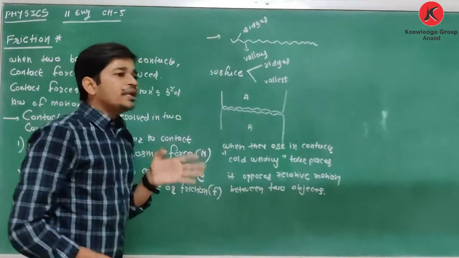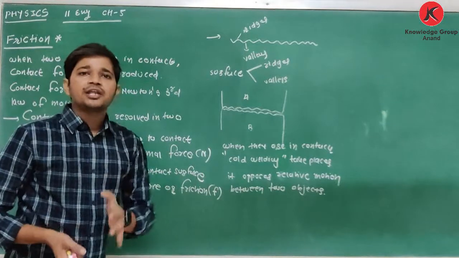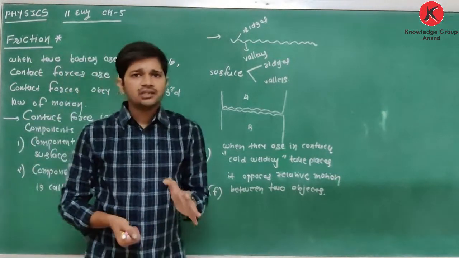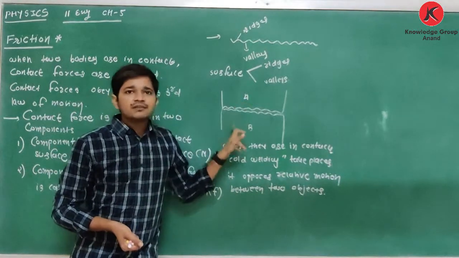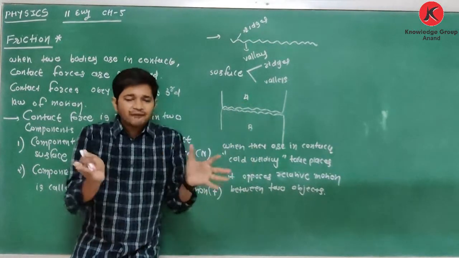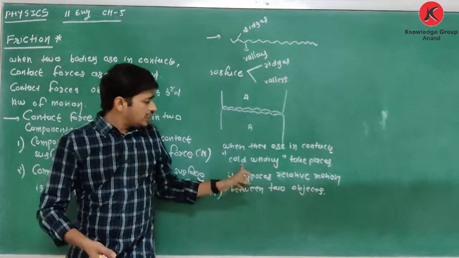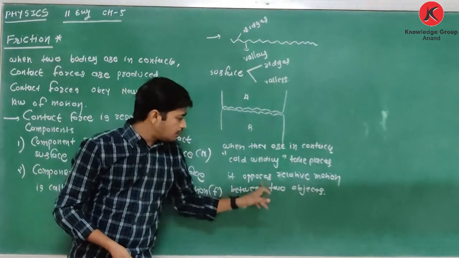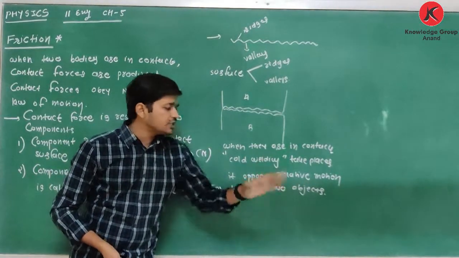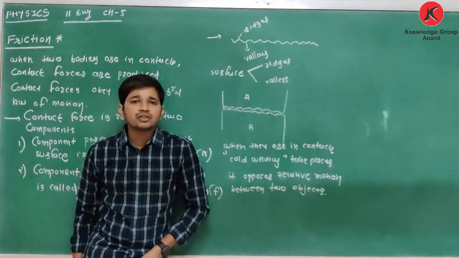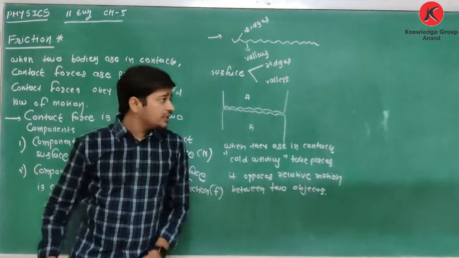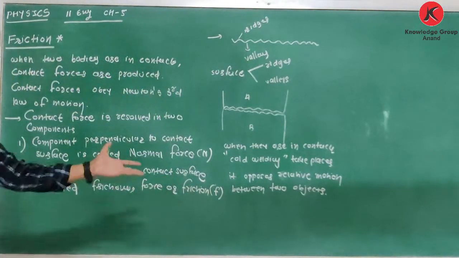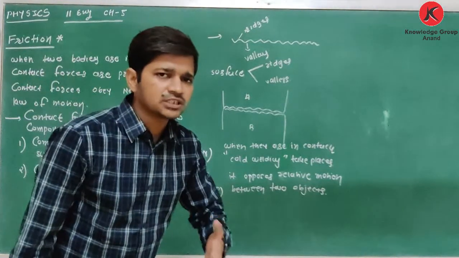So whenever two objects come in contact with each other, the ridges and valleys of the two objects fit into each other, cold welding takes place, and it opposes relative motion between the two objects. So this is how friction acts. You know that friction opposes motion.